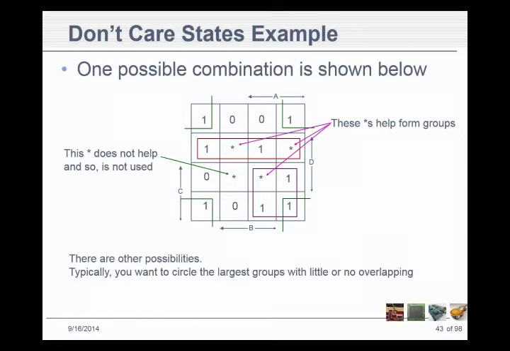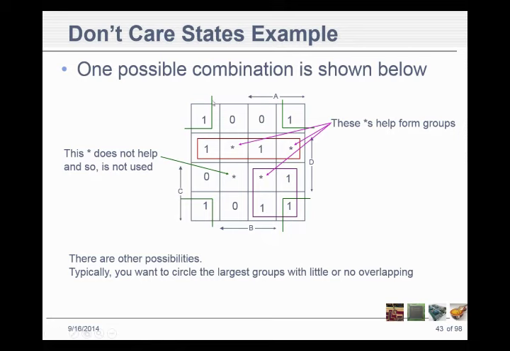Okay, so some of these don't care states help us form groups and some of them don't. It would be much better to have this group of 4 right here than to have this group of 2 and this group of 2. So remember that kind of stuff.